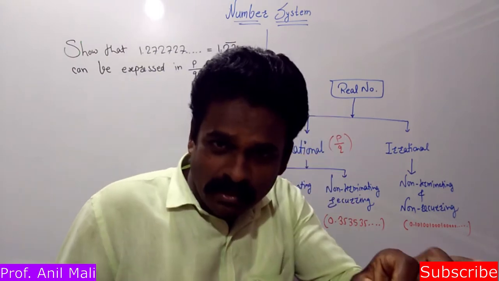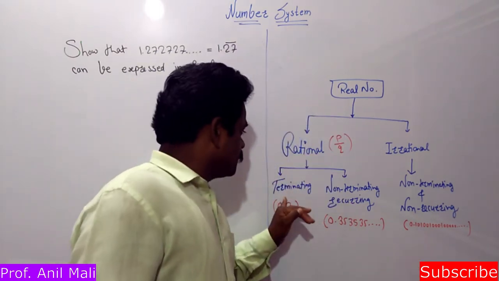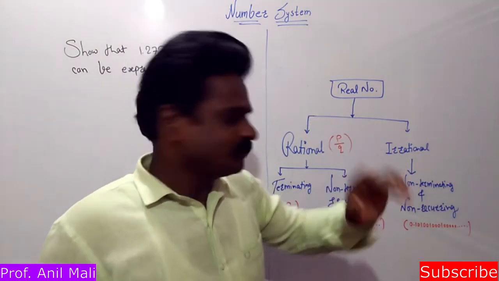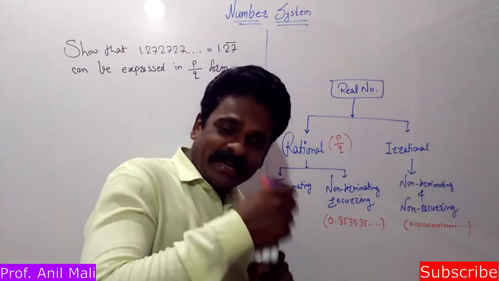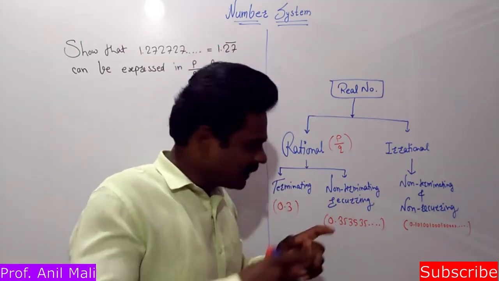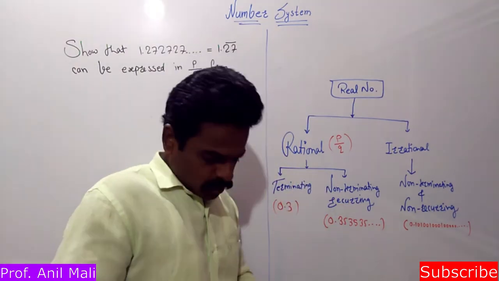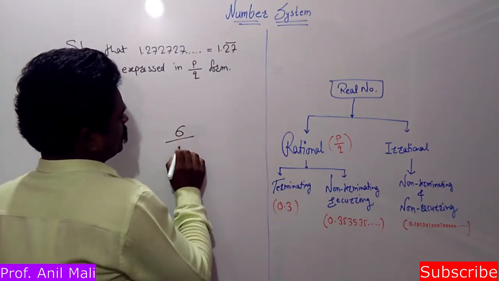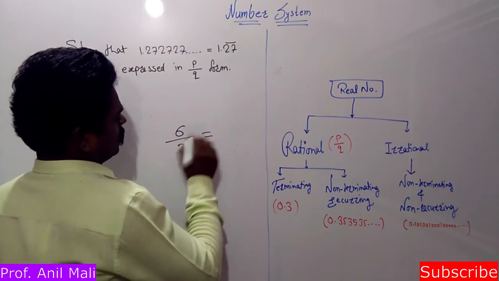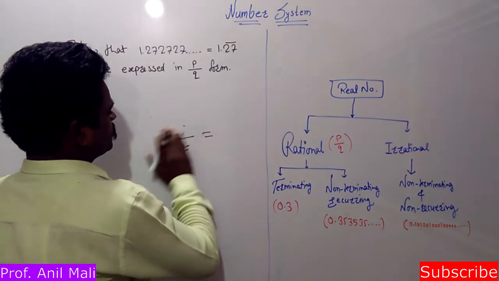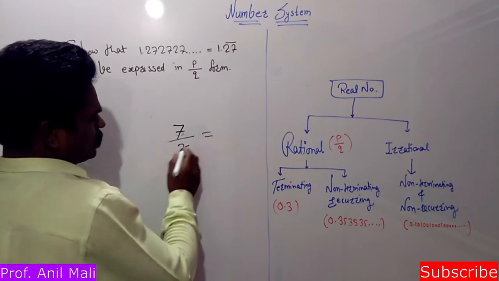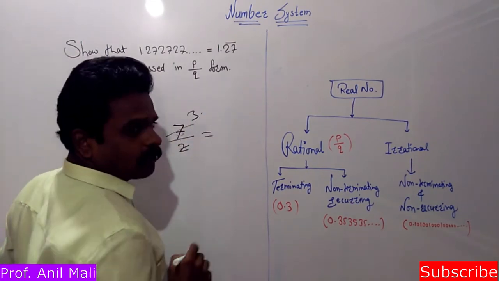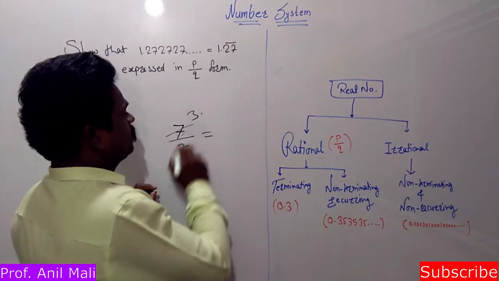In that decimal form, if the digits in the fraction part terminate at one point, then that number is a rational number. A very easy example: instead of 6 by 2, we'll take 7 by 2. 2 3s are 6, one left, decimal point, after that it becomes 10, 2 5s are 10.